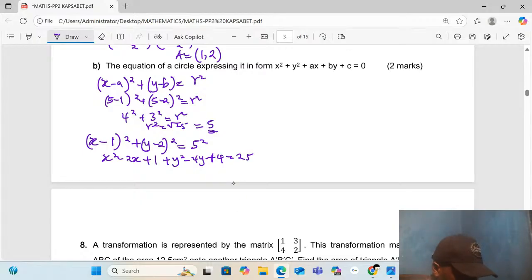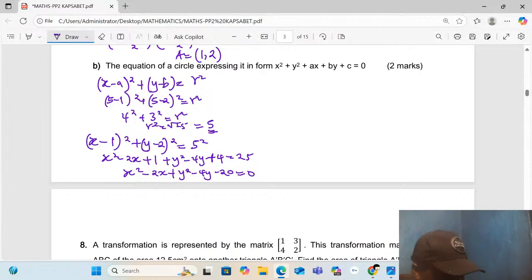And now we equate to 0, so that we have x squared minus 2x plus y squared minus 4y minus 20 is equal to 0.